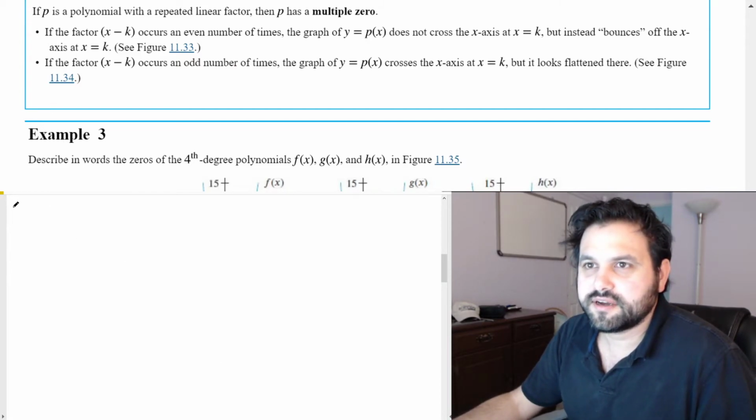This will be our summary here for multiple zeros, multiplicity.